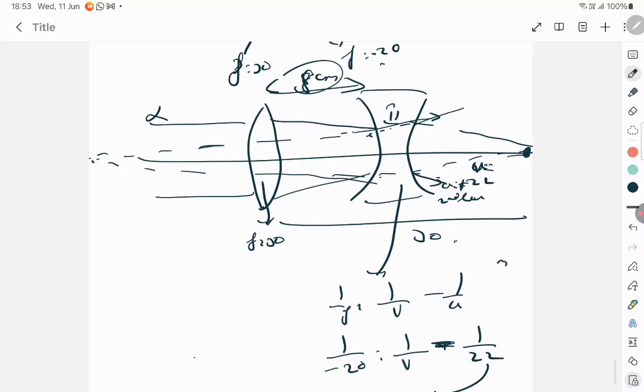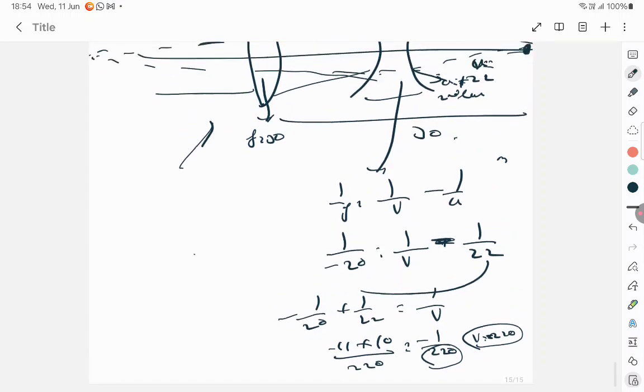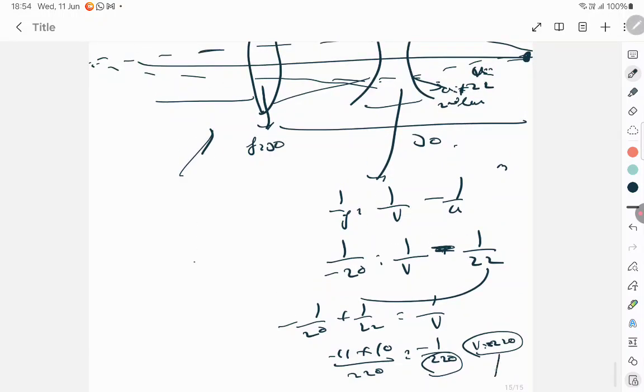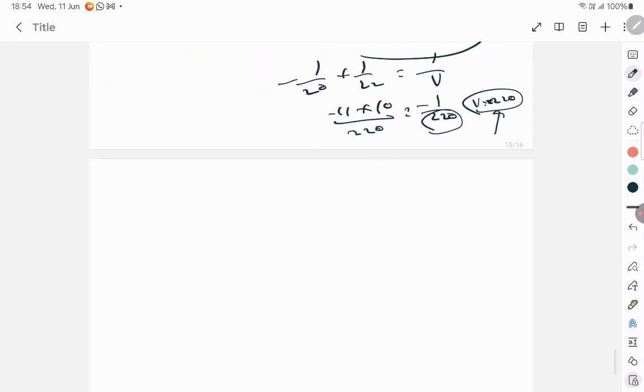You can subtract it from 8 to get it from the first lens if you want. So 220 is the answer. It's 220 centimeter. Let's go to the next part of the question.